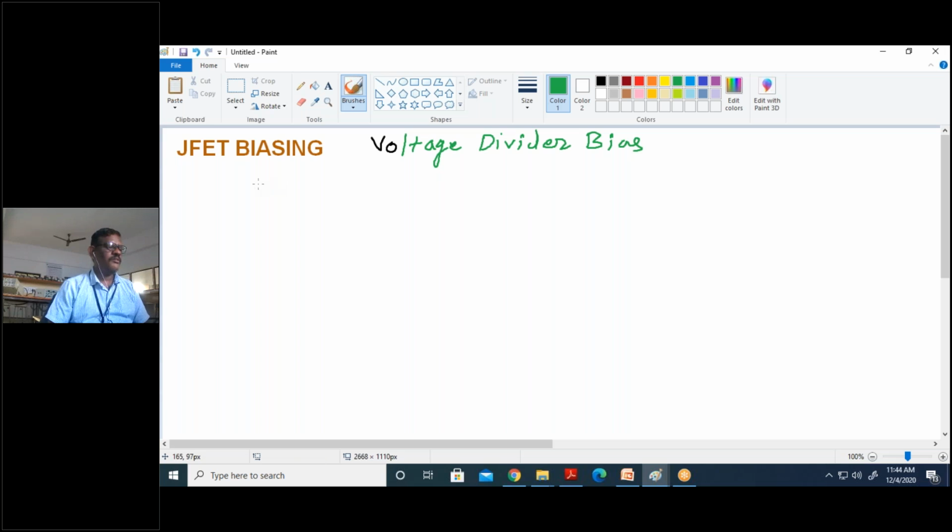We are using R1, R2 and RD, RS, 4 resistors, 1 JFET.